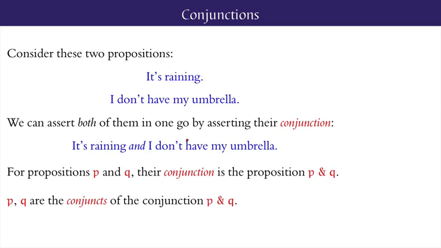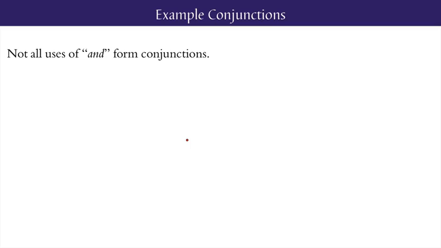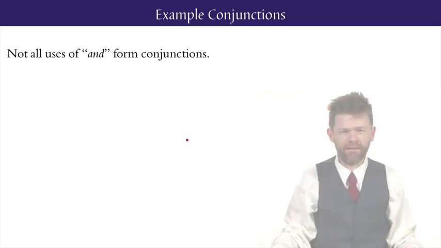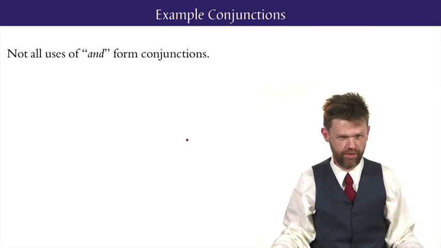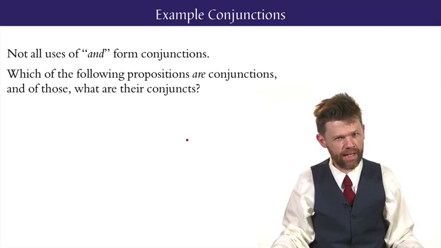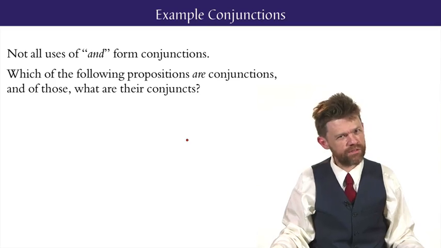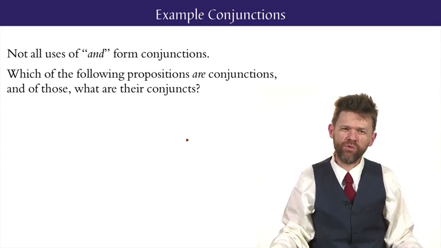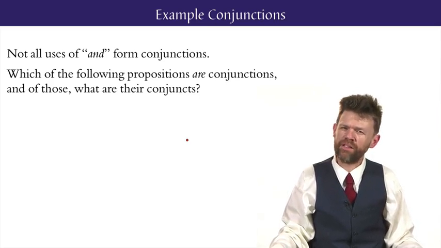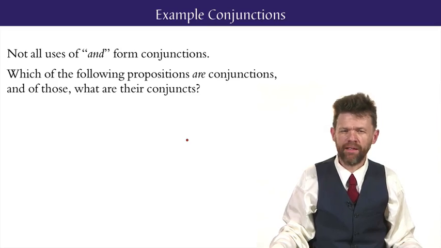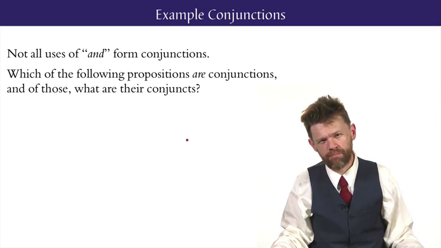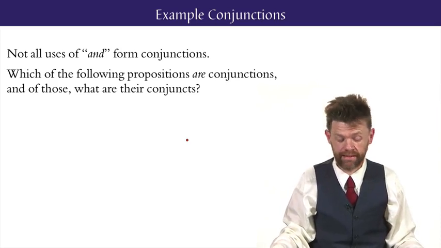So, it's important to understand that not every use of and in a sentence forms a conjunction. Let's take a look at some examples and identify which of the following sentences express conjunctions. The easiest way to do this is to try and identify what the conjuncts of the conjunction would be and see if you can get the original sentence back if you stick those conjuncts together.